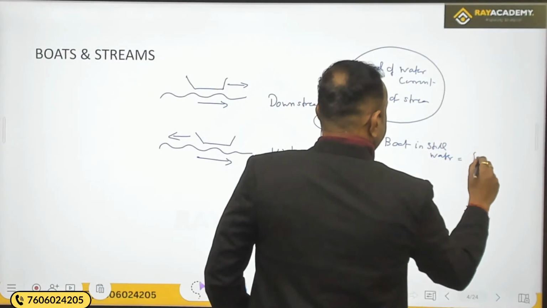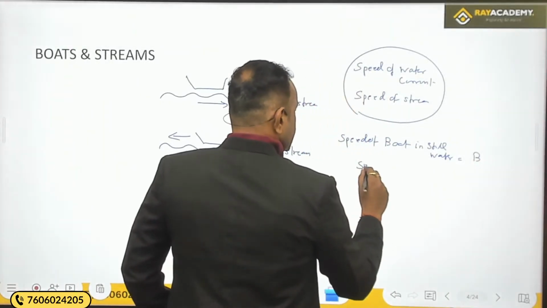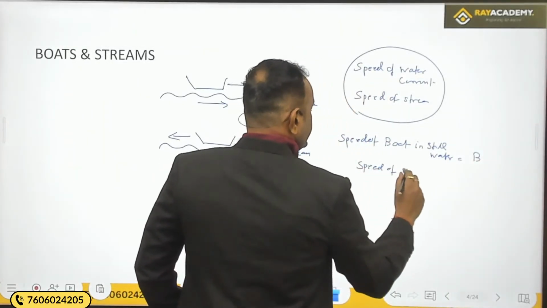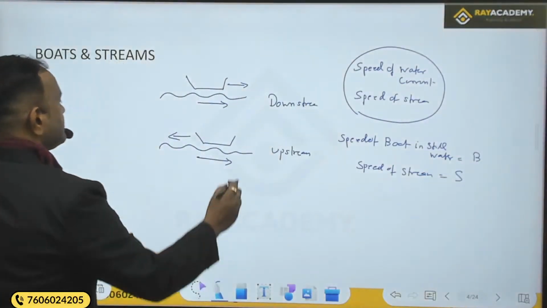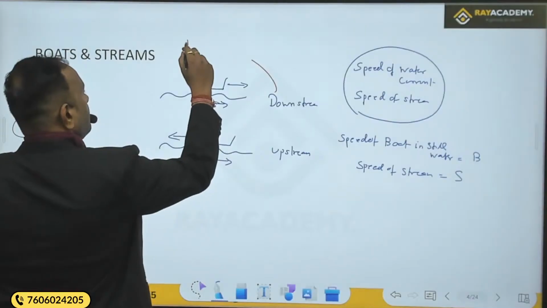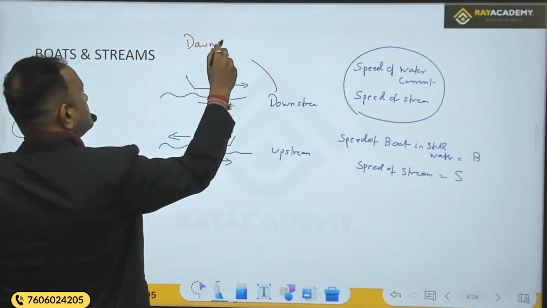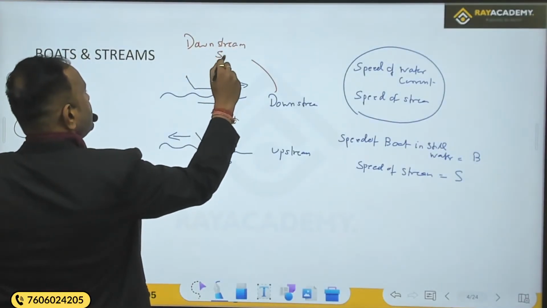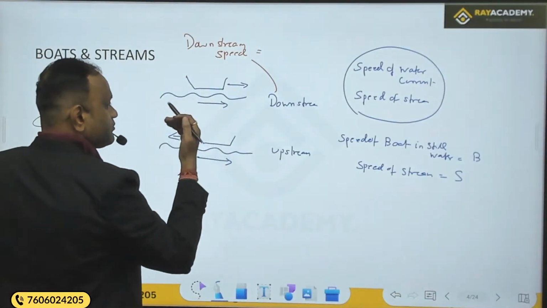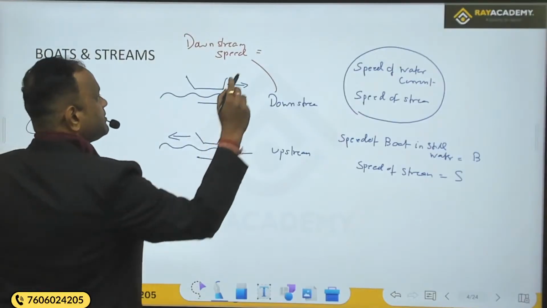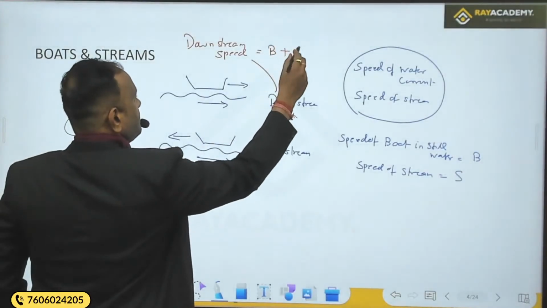If we take it as B and the speed of the stream as S, what is the downstream speed? Because here they are traveling in the same direction, the downstream speed will be B plus S.